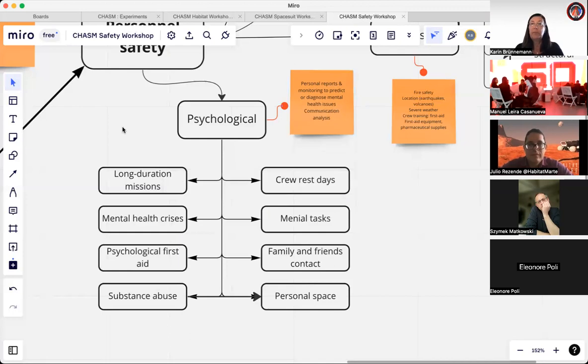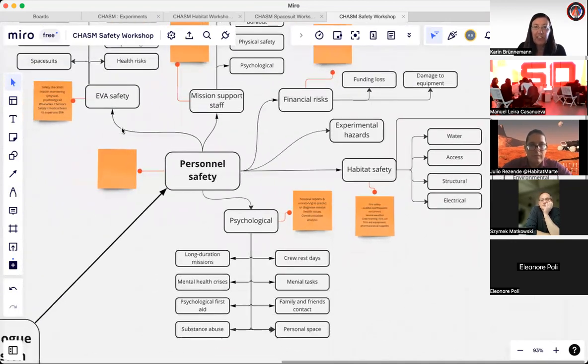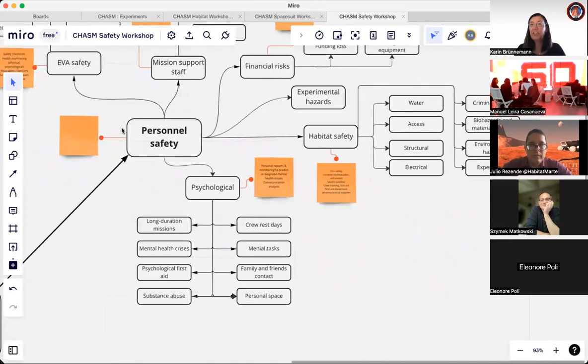Yeah, so please don't follow this structure too much, because everything is really interlinking.